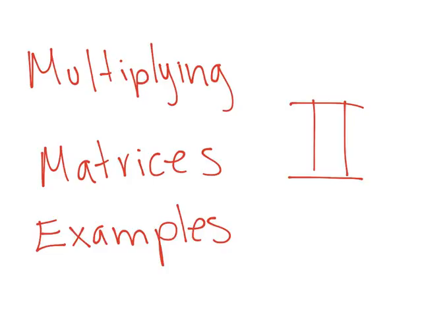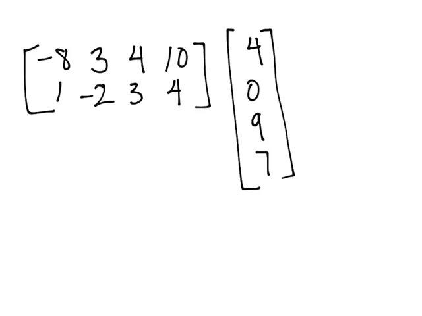Hello, this is the second video on multiplying matrices and seeing examples. So we have this example right here. We need to compare the dimensions to make sure that we can actually multiply these two.